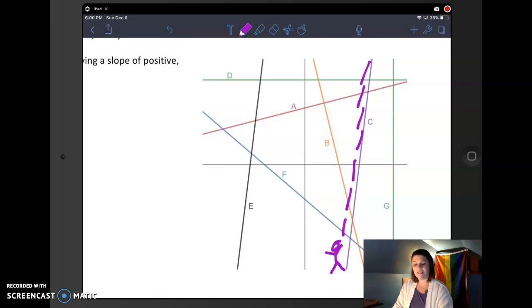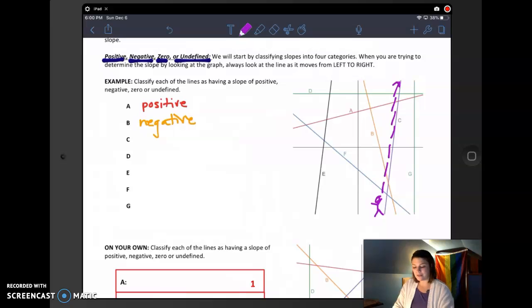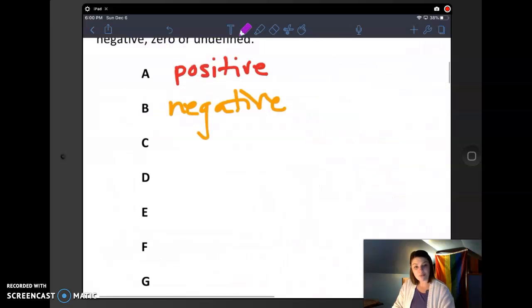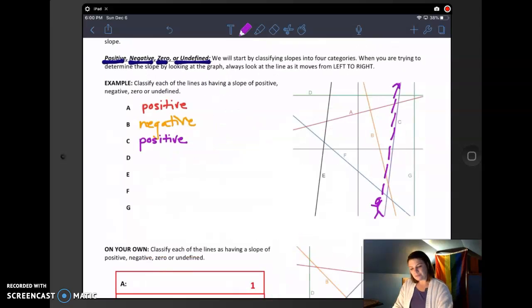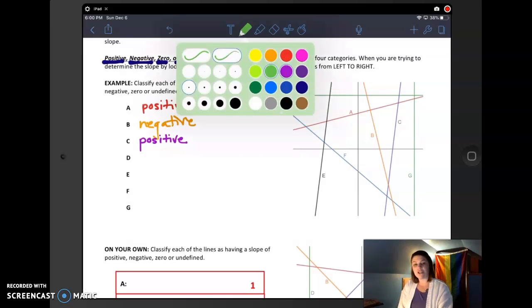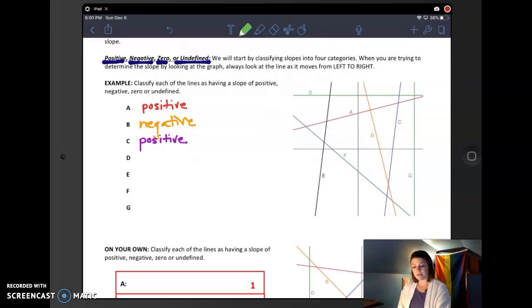That would be a very difficult climb, very steep uphill climb. So since we're going up, that is positive, and we would say positive slope. Something to keep in mind there is that, again, since it's a very steep slope, since it would be very hard to climb, we would have a large slope, a big number.